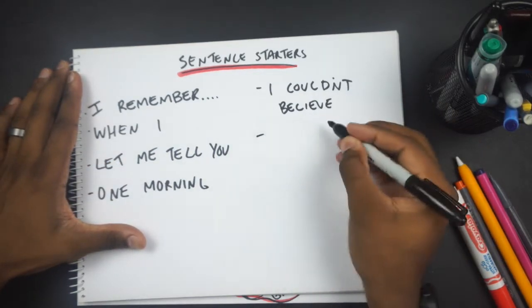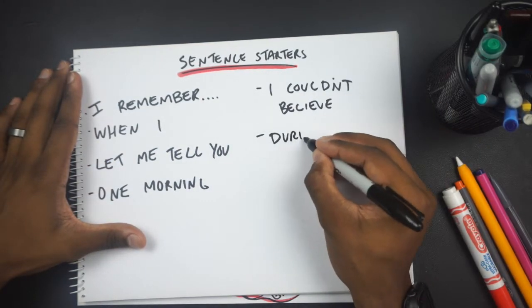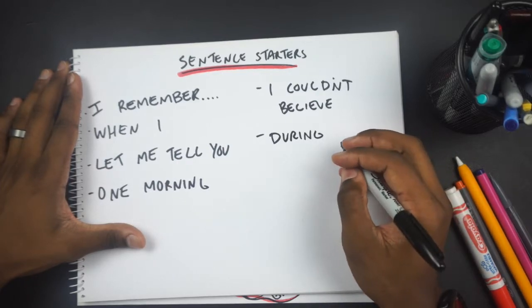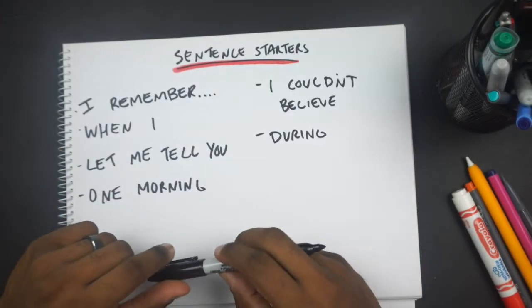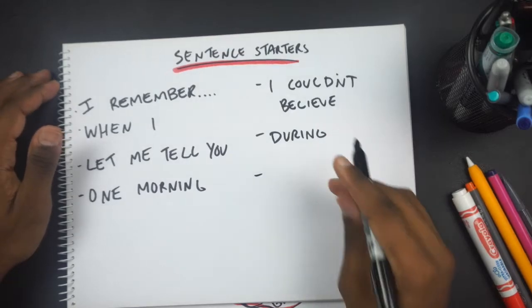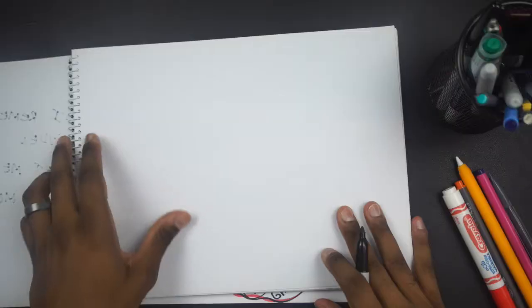Or I could say, during my time in Kuwait, I tried thousands of different kinds of food. That's also a true story. I don't know if it was thousands, but it was definitely a lot. So again, these are just simple ways to get your story started when you are trying to do your flash drafts, okay? So next page, I'm going to show you exactly what a flash draft is, and I'm going to encourage you to do one with me, okay?